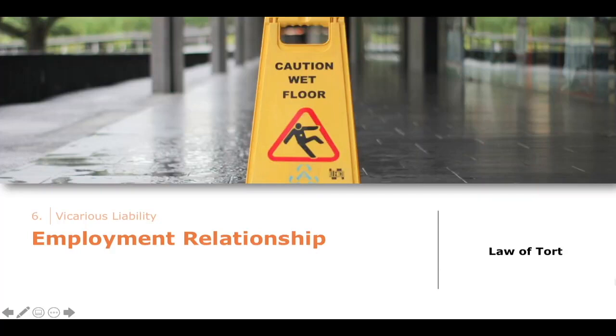As I mentioned in the previous video, what we're going to do here is talk a little bit more about the second element of the requirements for the showing of vicarious liability. And this is obviously the idea of the employment relationship.